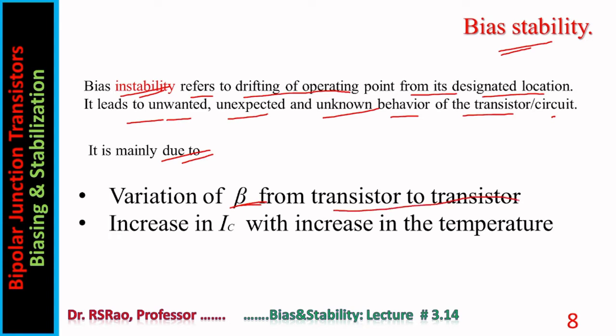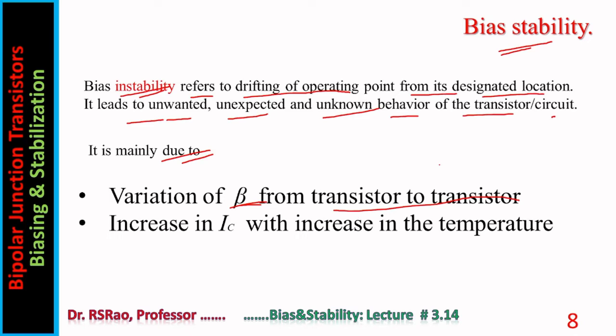Here the point is, no two transistors can have same beta value. Even when these two transistors are made simultaneously, maybe in the same batch of manufacturing, maybe made at the same time by the same company, even in those cases also, two transistors cannot have same beta.